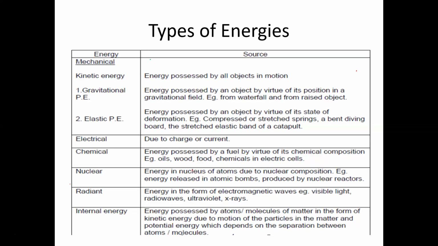First of all, let's see what the term energy is. How to define energy, what is energy? So we define energy as the ability of a body to do work. Ability of a body to do work is known as energy. And energies are present in multiple forms, different forms to us.